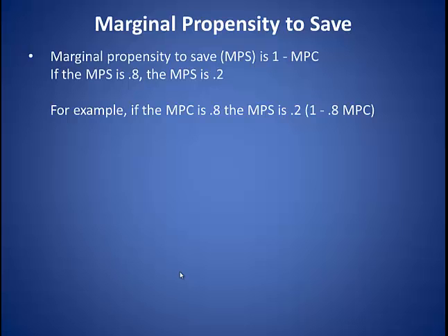MPS is 1 minus your MPC. So if the MPC is 0.8, then the MPS is 1 minus 0.8, which is 0.2. You can see the example right here. So you can be asked questions about calculating the MPS or the MPC.